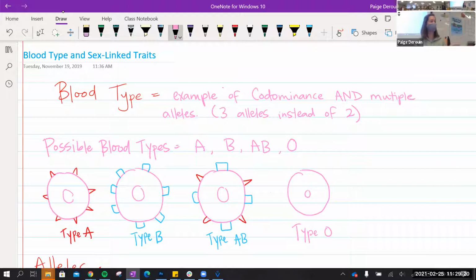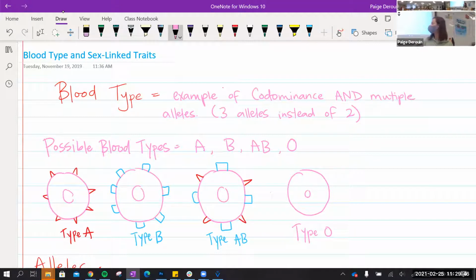Okay, and then adding the positive and negative, the positive is just another protein. So if you're positive, you have an extra protein on there that's the positive protein. So people who are O negative, they can give blood to literally anyone else because their blood cells are kind of like stealth mode, invisible. They have no proteins on them at all.